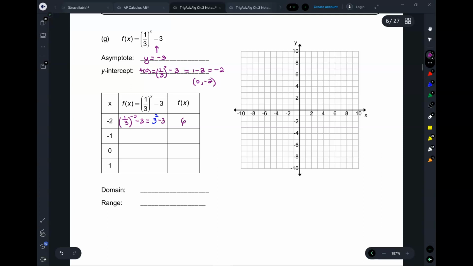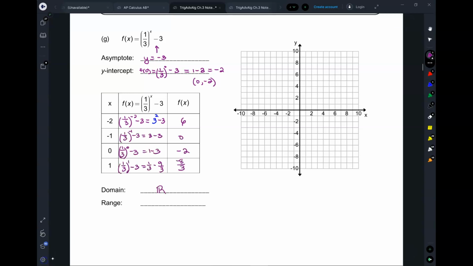That becomes 6. I'm going to give you 3 to 4 seconds to do the other ones. Negative 1, 0, 1. Okay, maybe 20 seconds. Go. So what we get is 0, 2. This last one, 1 over 3 minus 3 is 1 over 3 minus 9 over 3, which is negative 8 over 3.